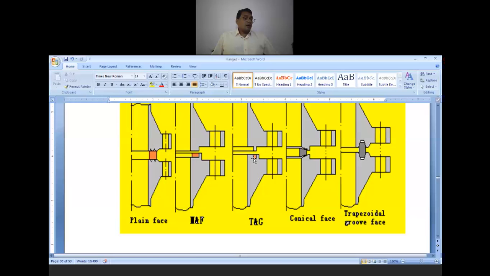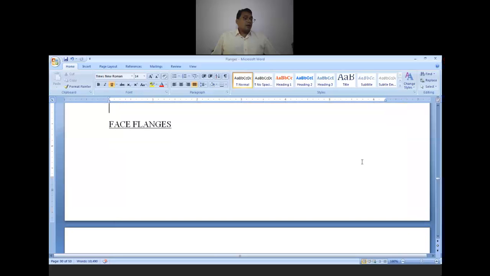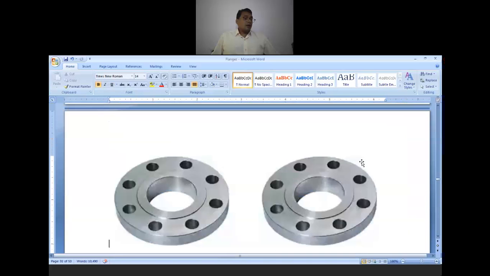In case of a tongue and groove, there is one groove and again one protruding section provided. This is what a conical face flange is. A trapezoidal groove face flange is also provided. These are all the raised face flanges.